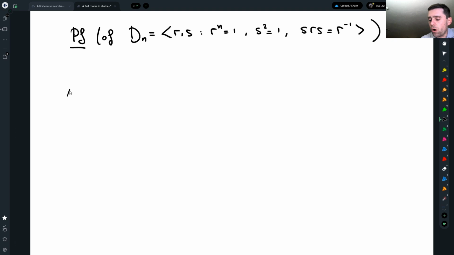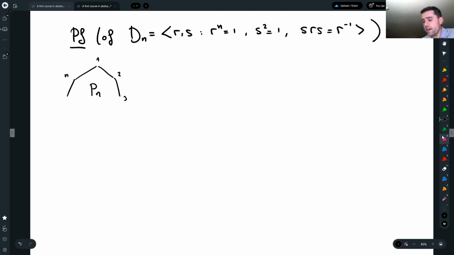So I can draw a polygon, and here is my n-sided polygon, and here is 1, 2, 3, etc. And notice that there is a map that sends 1 to 2, which is a rotation by 2 pi divided by n radians.